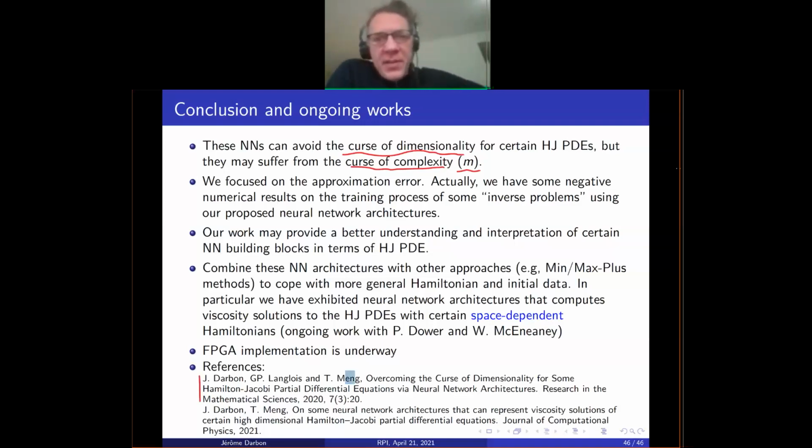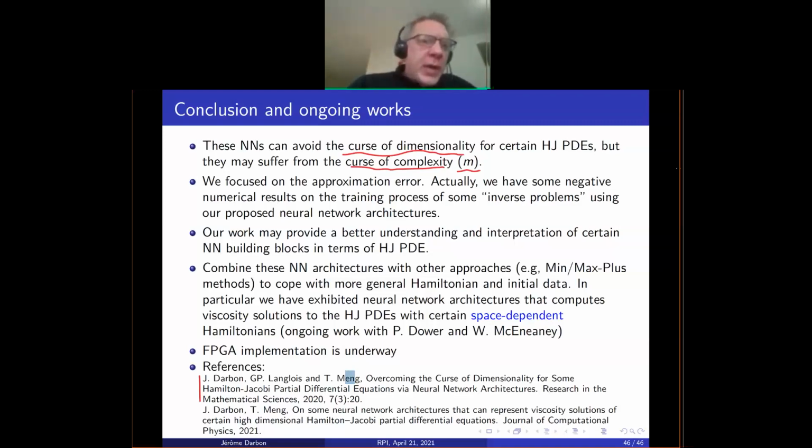The results that we obtained for recovering the Hamiltonian and the initial data from some data sets are not conclusive. The results are not that great, and we suspect it's because it involves solving highly non-convex optimization problems, and we've been using the usual solver for neural networks, the Adam optimizer, and it does not do a good job at all for minimizing the loss function involving this data.